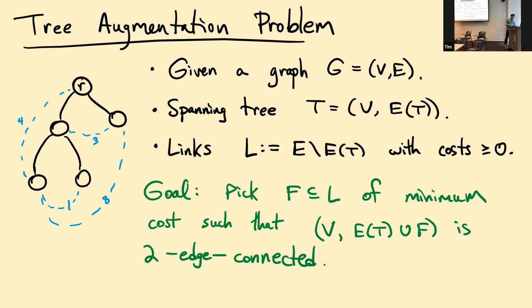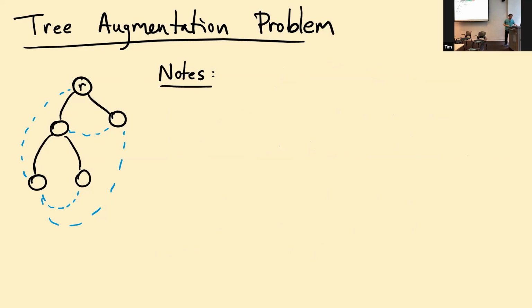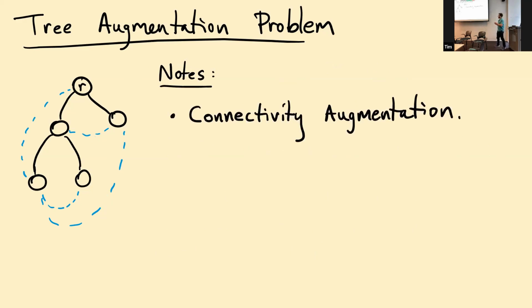So it's just connectivity augmentation when the original graph is a tree, but actually this seemingly special case is more general. In general connectivity augmentation, say I want to augment a k-edge connected graph to be k plus 1 edge connected, then that problem reduces to tree augmentation problem if k is odd.